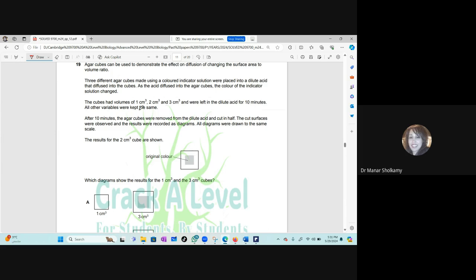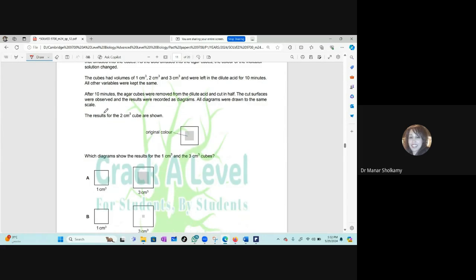All other variables were kept the same. After 10 minutes, the agar cubes were removed and cut in half. The cut surfaces were observed, and the results were recorded as diagrams, all shown to the same scale. The results for the 2 centimeter cube are shown. So this is the original color, and this is the color change that happened after they were left in the dilute acid.